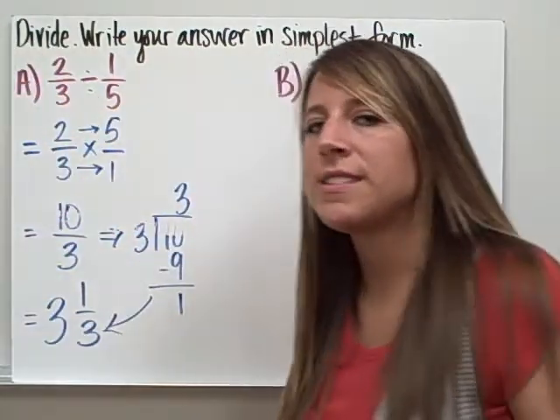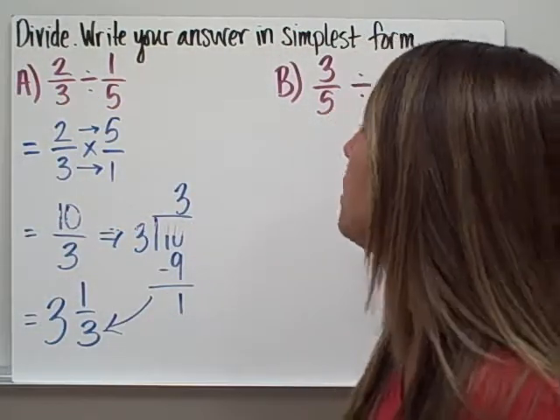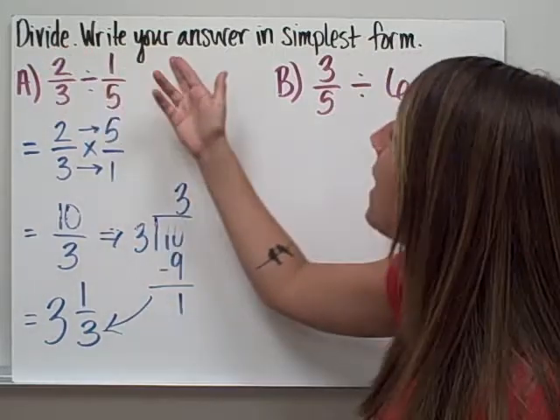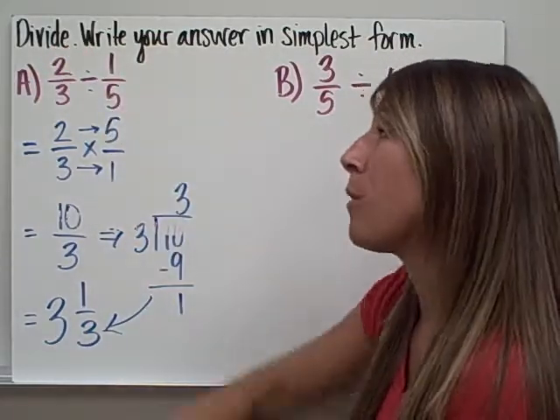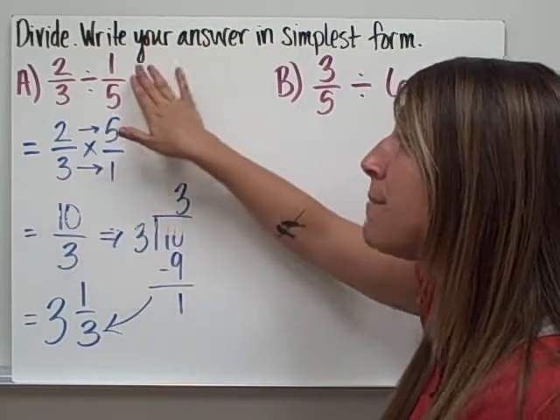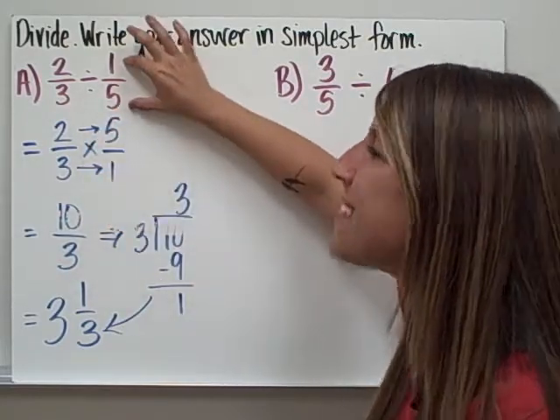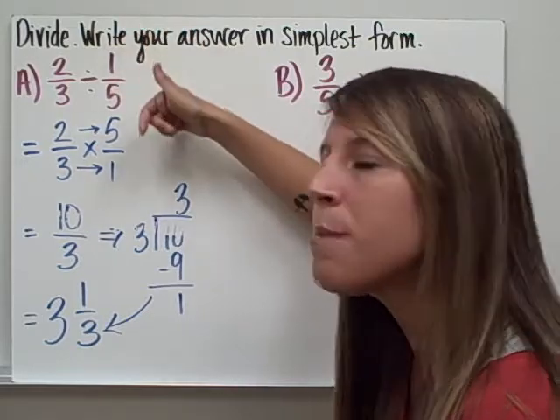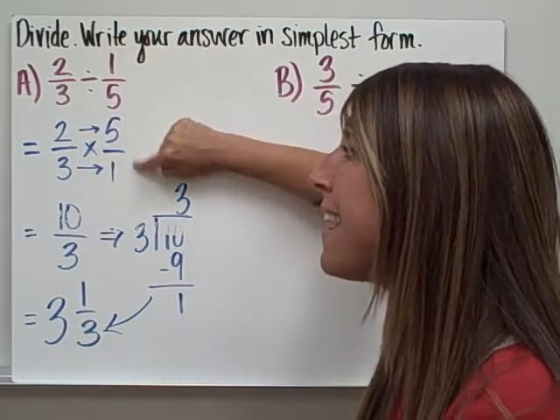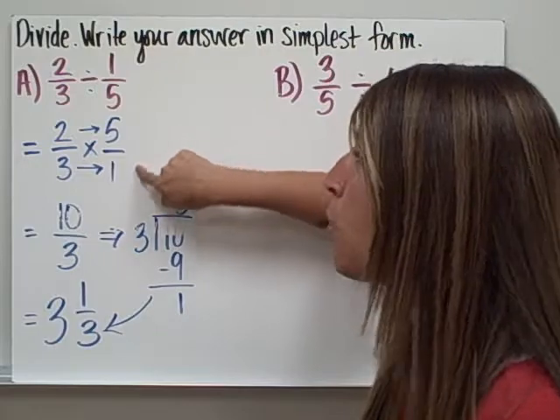So here are a couple of examples for dividing fractions. The directions say divide and write your answer in simplest form. So I'm beginning with 2/3 divided by 1/5. I want to change division to multiplication and the second fraction to its reciprocal. The reciprocal of 1/5 is 5, or 5 over 1.